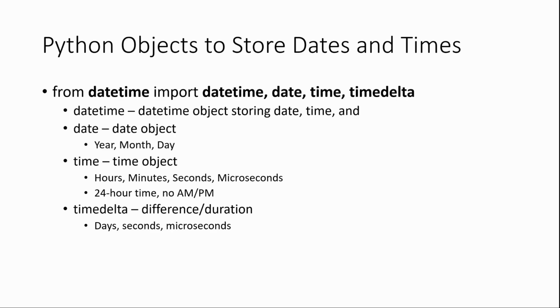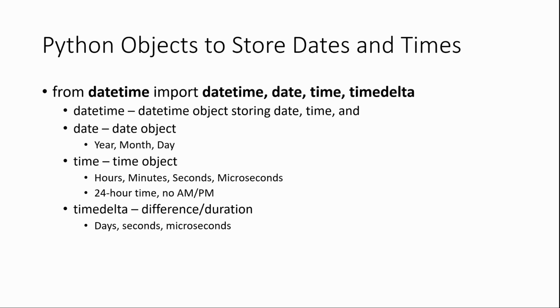The core library for dealing with dates and times is datetime, which includes 4 core objects: datetime, date, time, and timedelta. Datetime is essentially a composite of the date and time objects. Those objects contain variables you might expect. The date object contains the year, month, and day, and the time object contains the hours, minutes, and seconds, and also microseconds.